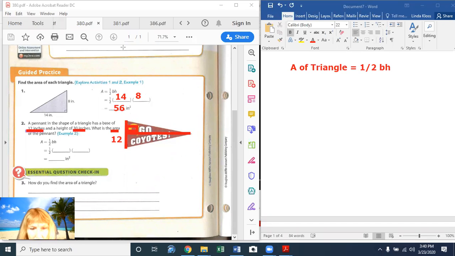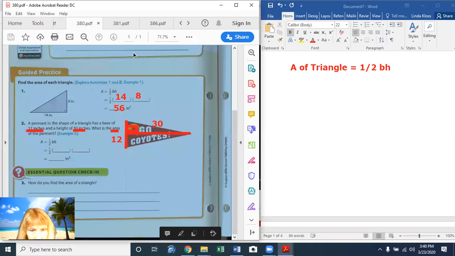So that little rectangle I put there symbolizes a 90-degree angle. So that is a perpendicular line. That is our height, and that we're going to label our 30. So it's not the angled side of the triangle. It is the straight up and down line that we draw. That's the height of the triangle.